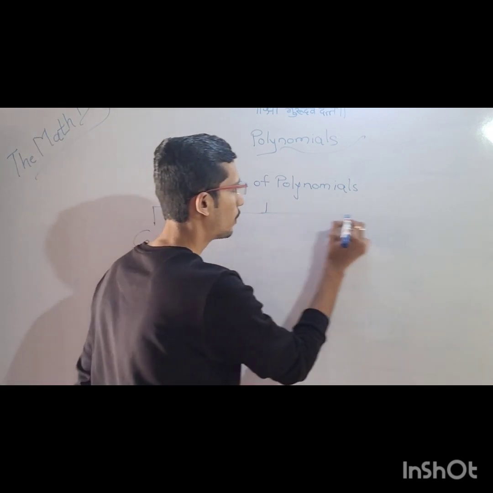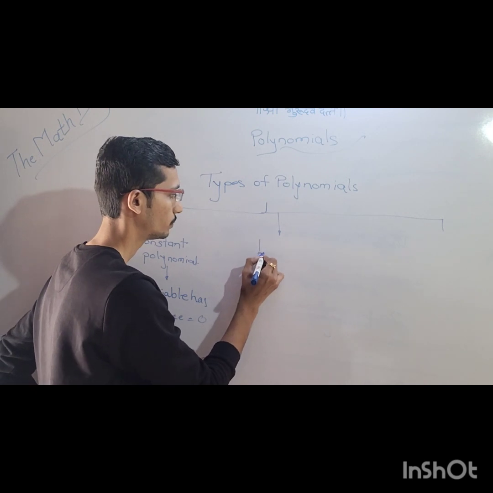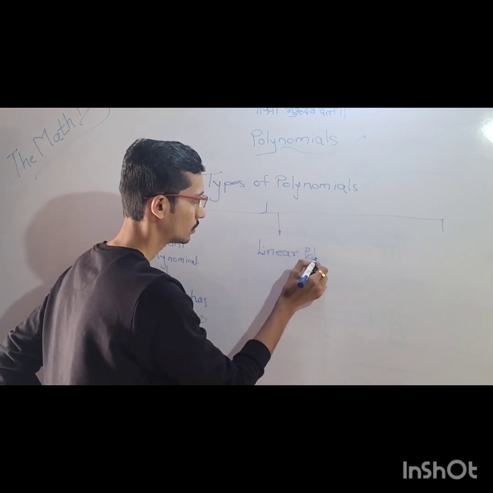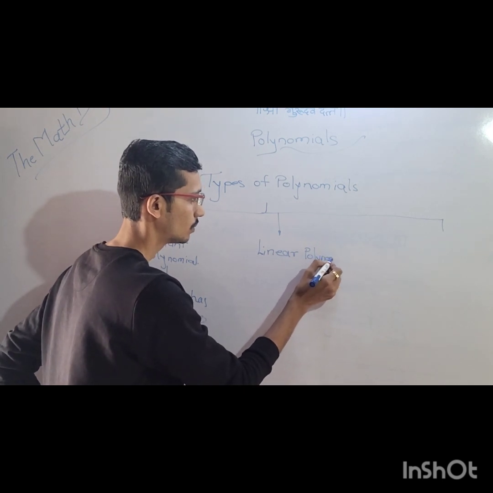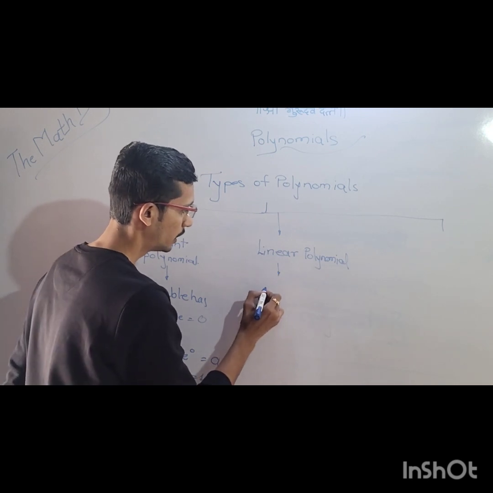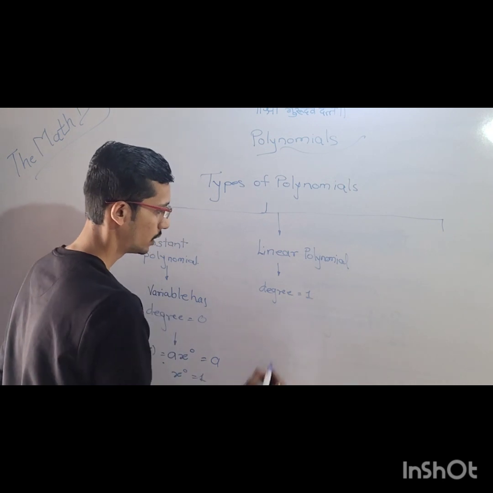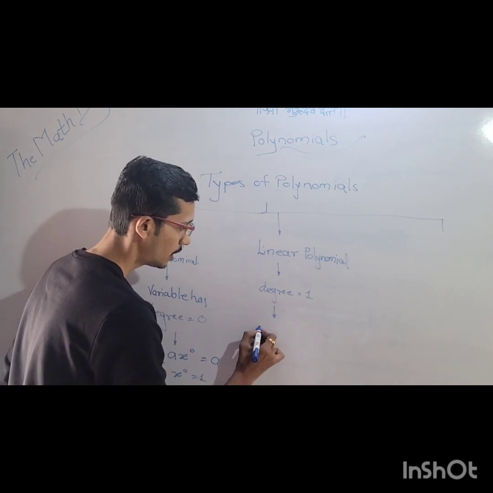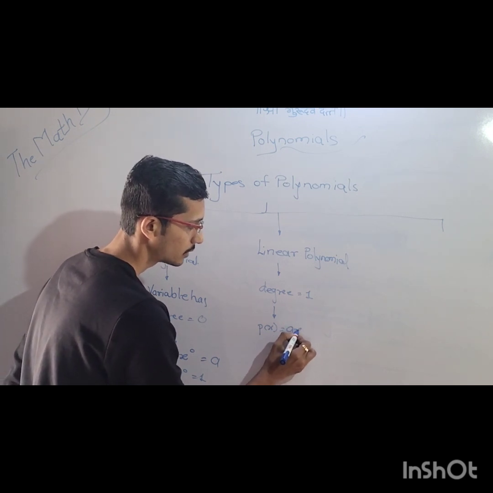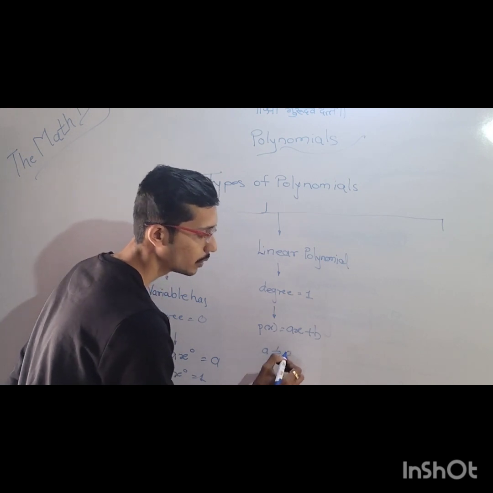The second polynomial is the linear polynomial. Linear polynomial has degree 1. So that polynomial we write as p of x equals ax plus b, where a should not be equal to 0.